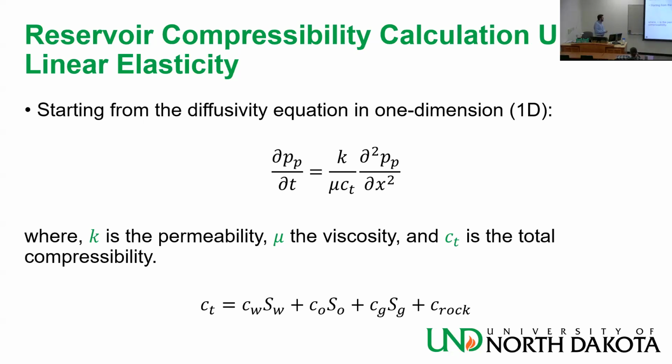Now in a reservoir, you may have water, oil, gas, and rock, right? Each phase has its own compressibility. So you need to add them all together, and basically you do a weighted average. How do you do that weighted average?